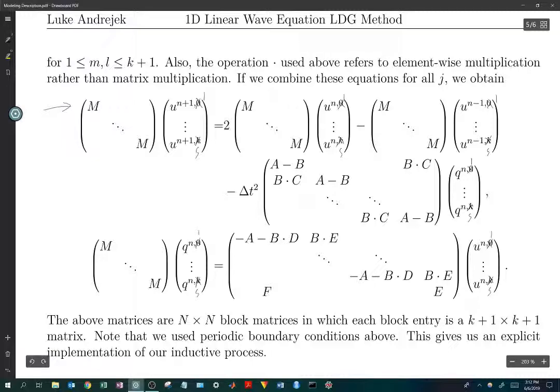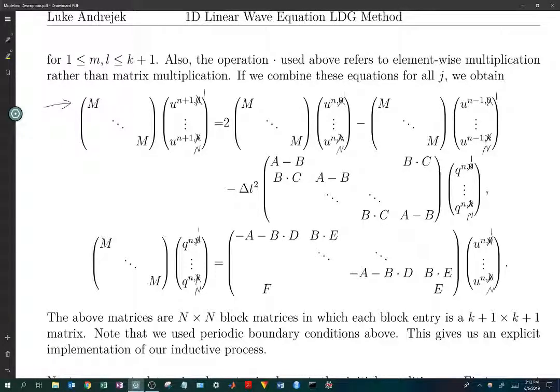And each block is a k plus 1 by k plus 1 matrix. As we saw, like all these m's here, for example, it ranges for m. The indices for the rows and columns are m and l, which are going to range from 0 to k because the finite element space is P^k.